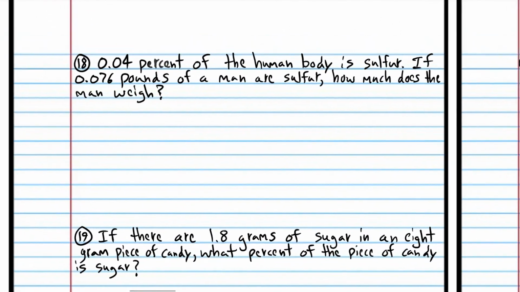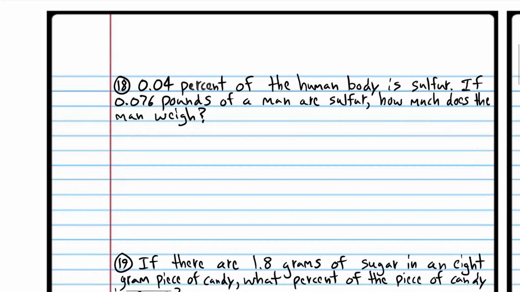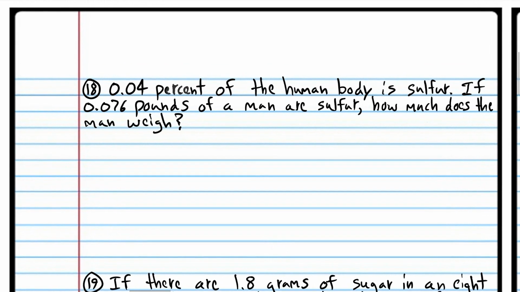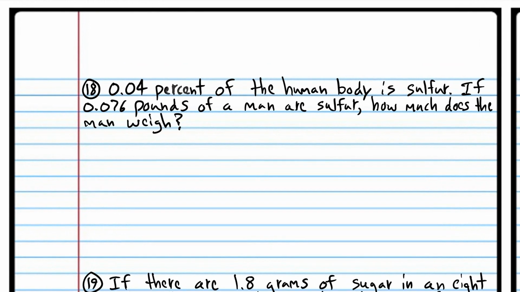So now we go to a slightly different version of this problem. Now here's where you really have to pay attention. So if you want to find the percent of a number, the percent of the number, we'll call it the new number, is equal to the first number times the percent written as a decimal. That's how you do it.